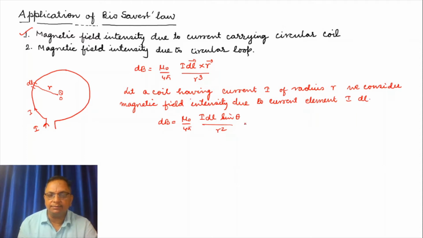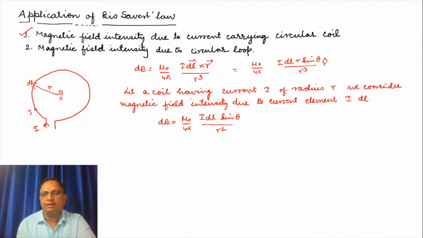If I remove the vector notation, that will be I dl r sin theta over r cube into unit vector r. This will be cancelled out, and here you have r square.